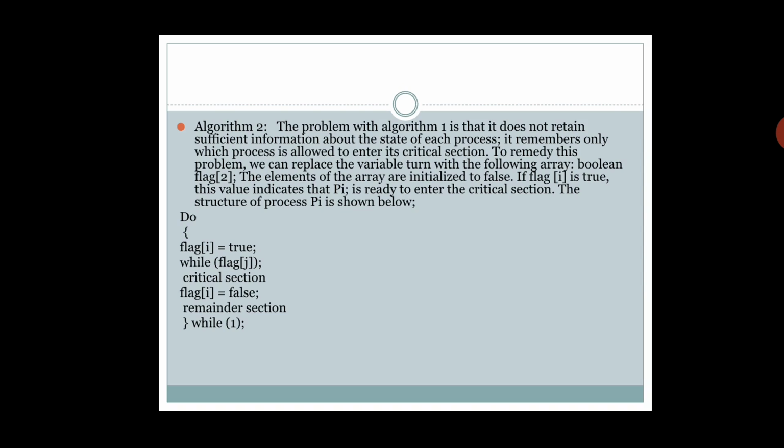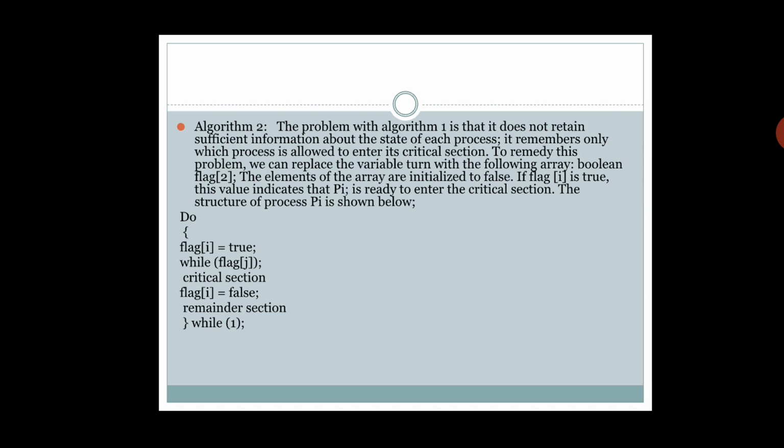It's something like that. The structure of the process Pi is shown below. So they have given one piece of code: a do while loop. Inside the do, you have flag of i equal to true. So you are setting the flag of i position to true, while flag of j, if it is true, then wait; if it is not true, directly go to the critical section. Now again you are overwriting flag of i equal to false.